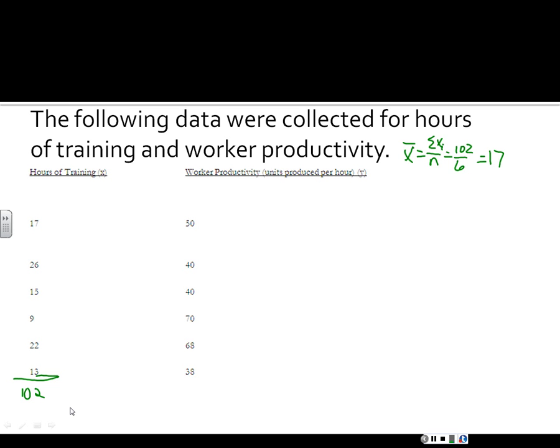I'm going to go ahead and get the standard deviation for those. Subtract 17 from all of these. And then square those.